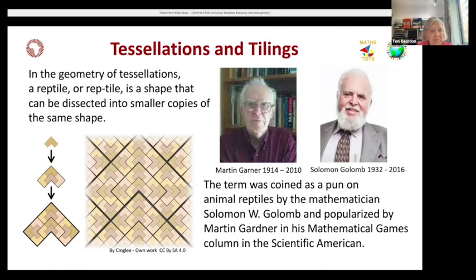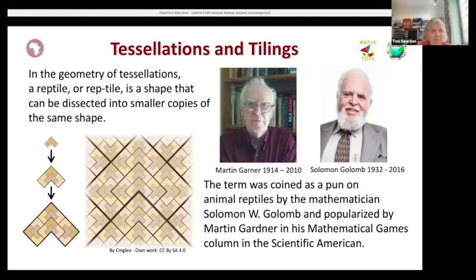This particular activity of tessellation and tilings brings me to remember an activity we once did in a maths club when we were finding out polygons, any regular polygons that can be dissected into smaller, equally sized copies of themselves. And so any kind of shape that can be dissected into a smaller copy of the same shape in geometry is called a reptile, or rep-tile.